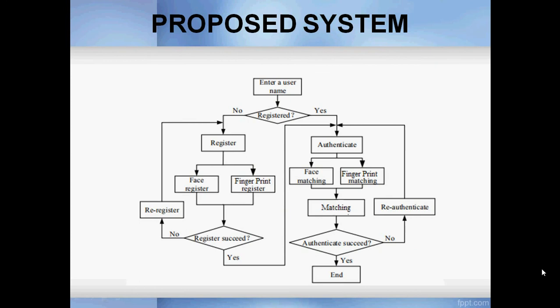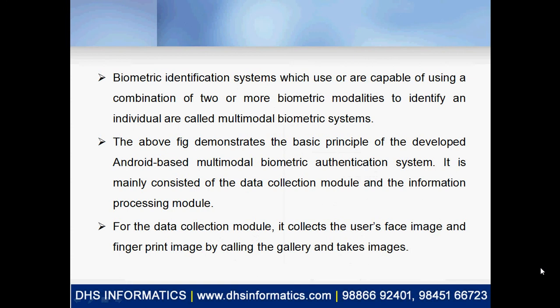Proposed system. Here we have the working flow of the proposed system. Biometric identification systems which use, or are capable of using, a combination of two or more biometric modalities to identify an individual are called multimodal biometric systems.